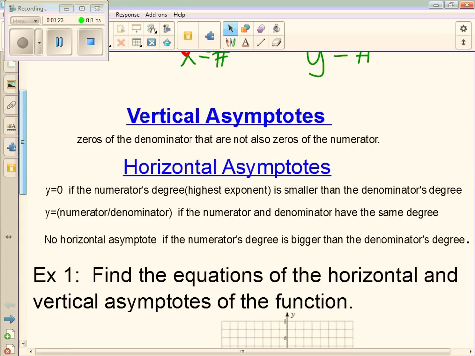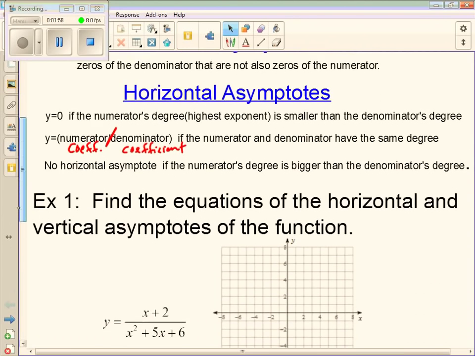If the numerator and denominator have the exact same degree, then the horizontal asymptote is the numerator's coefficient divided by the denominator's coefficient. So we'll get into problems like that. And then if the numerator's degree is bigger than the denominator's degree, then there's no horizontal asymptote in the problem.